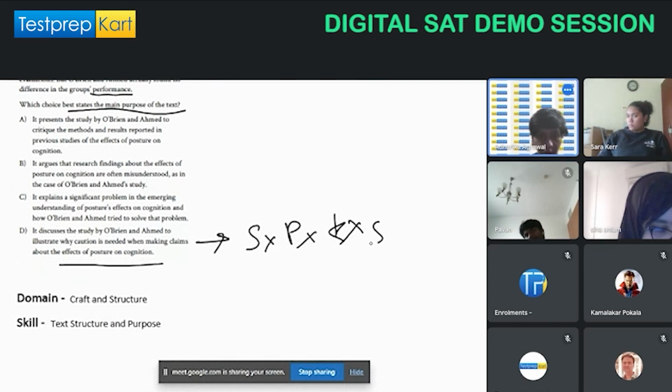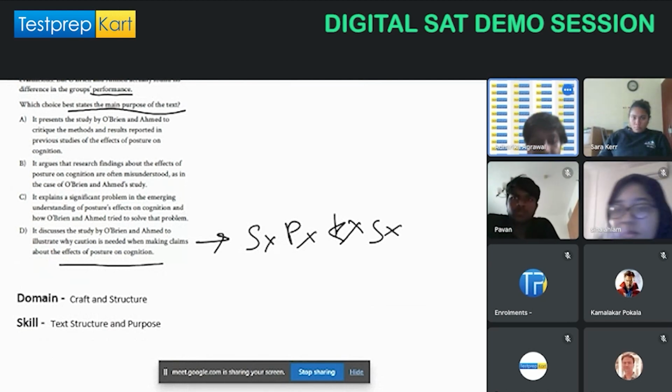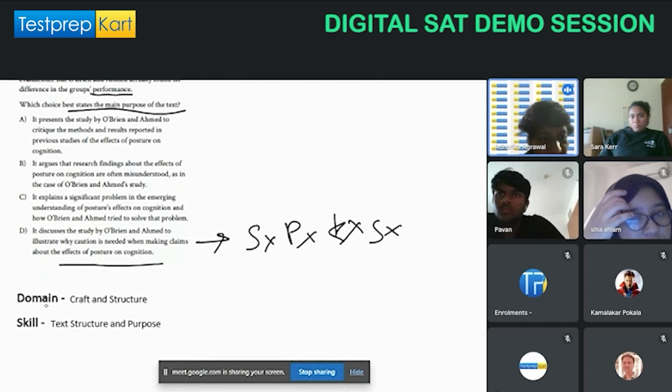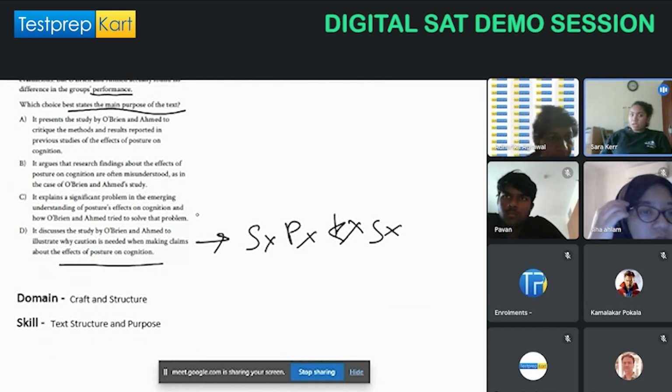What about C? It explains a significant problem in emerging understanding of posture effects on cognition and how Ahmad tried to solve that problem. Do you think it is telling the significant problem, and they tried to solve it? Yes, they tried by completing an experiment.